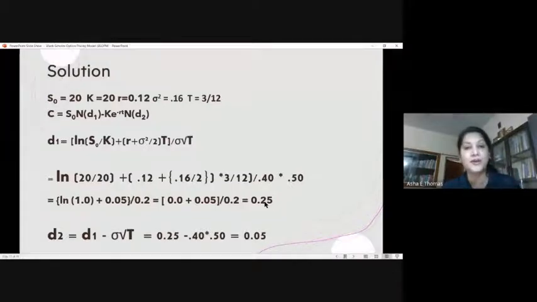What we have to remember here is that when we are solving this equation, we need to be very careful with the BODMAS rule, opening up the brackets and then substituting and computing the formula. Otherwise, we will go wrong.